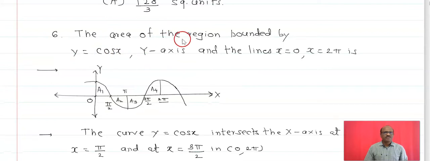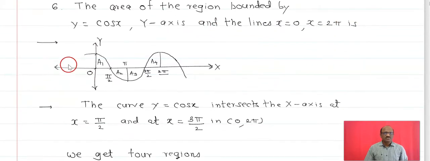Question number 6: the area of the region bounded by y is equal to cos x and the line x is equal to 0 and x is equal to 2 pi. Now see this here, the value of x varies from x is equal to 0 to x is equal to 2 pi. If you see the rough graph of this curve, the value of x varies from 0 to 2 pi.